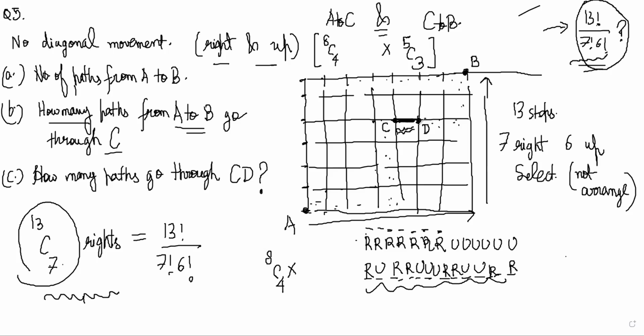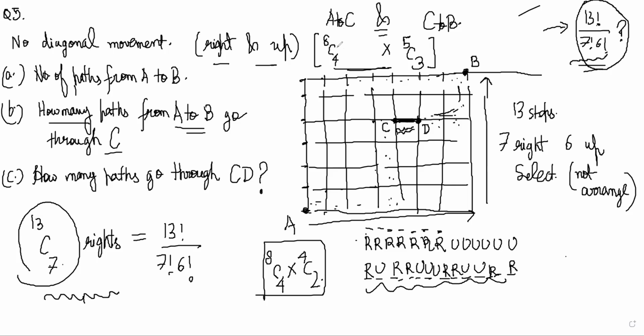So then find the number of ways to go from D to B, which is 1, 2, 1, 2, 4C2, right? Correct. 4C2 ways to go from D to B. This ensures that since you have to come to D, you are passing through CD, right? Are you seeing the difference between this and the second part?